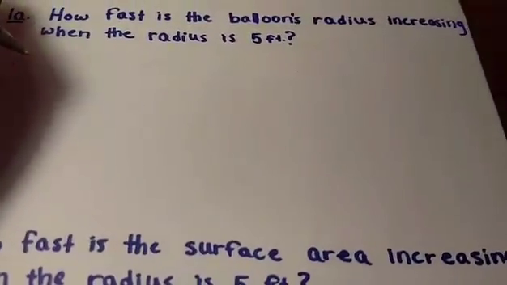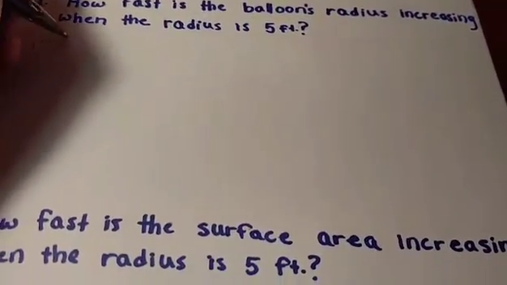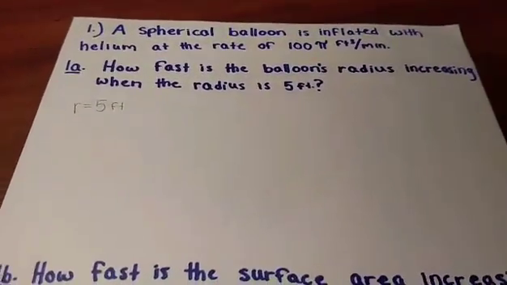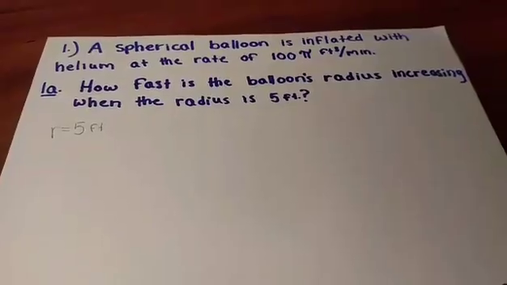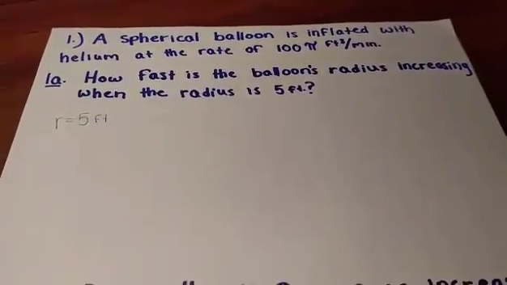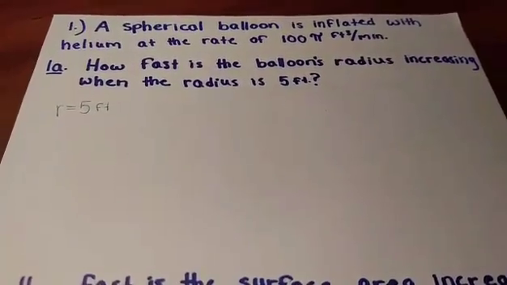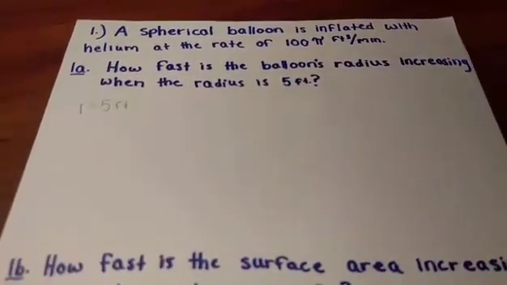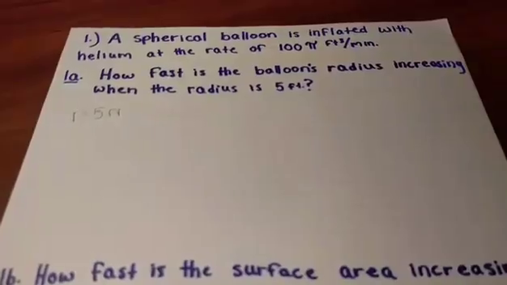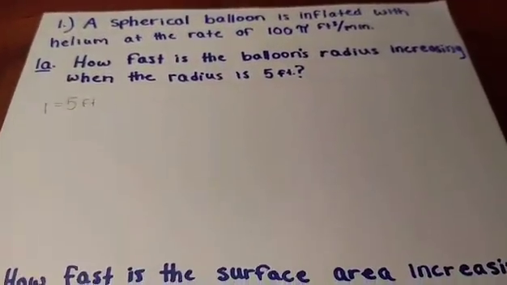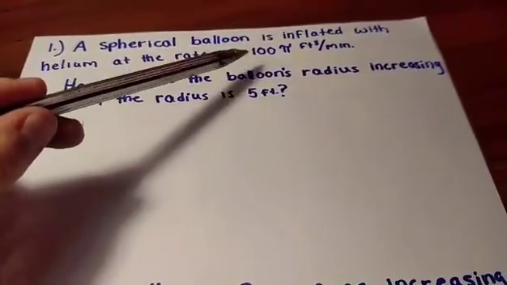So we can write r equals 5 feet. Now the only other thing that we know is that the balloon is being inflated with helium at a rate of 100 pi feet cubed per minute. Whenever we are given a rate, we cannot write just, for example, r equals 5 feet, because it is changing. Our rate is changing.